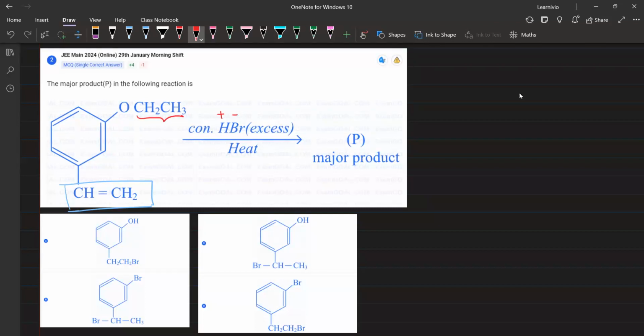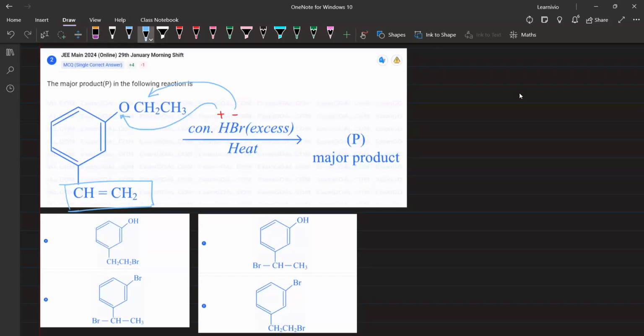Now, if you see the ether part, there are two things that can happen. Either the Br is going to attach onto this carbon atom and OH will leave, or Br will attach on the CH2 carbon atom and hydrogen will attach on the O carbon atom.